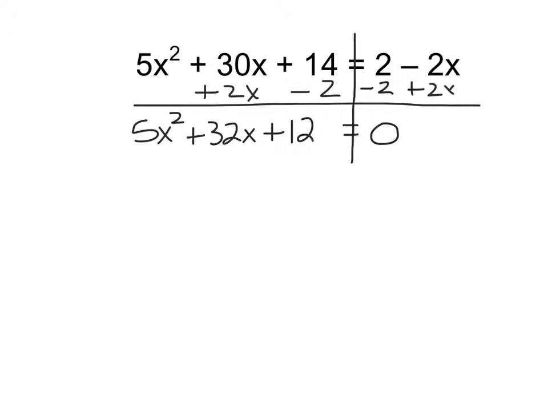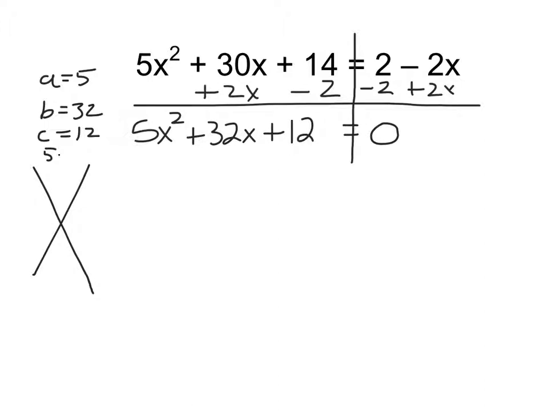So now, this is an example where a is not 1. So a is going to be 5, b is 32, c is 12. All right, so a times c, 5 times 12 is 60. So I need factors of 60 that add to 32.